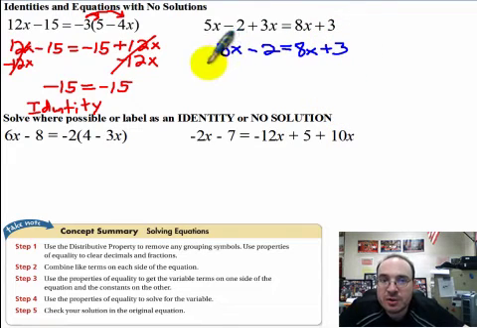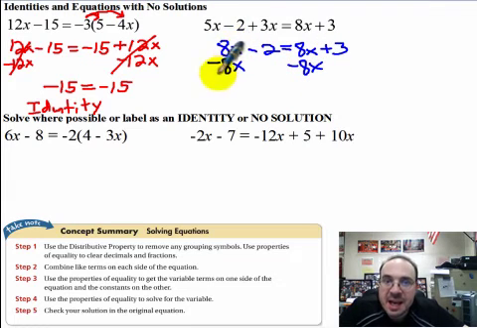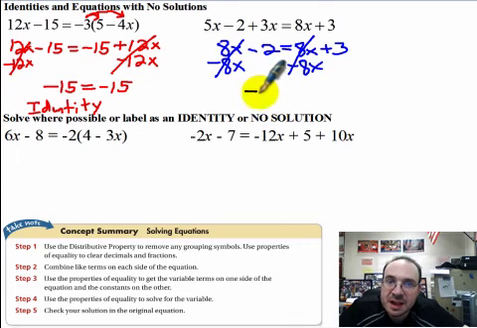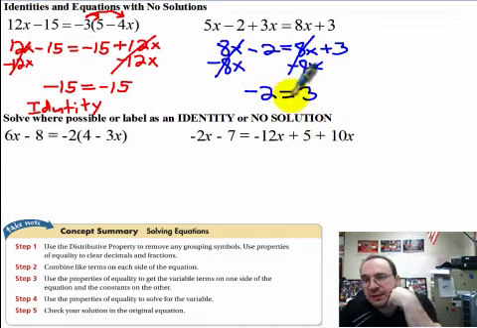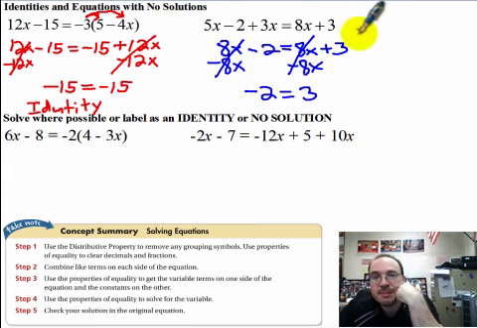And now I want to subtract 8x to get all the x's together. But again, I notice that things cancel completely out on both sides and the variable disappears. So I get negative 2 equals 3. Because negative 2 can never equal 3 and the variable disappears, that means we have no solution.